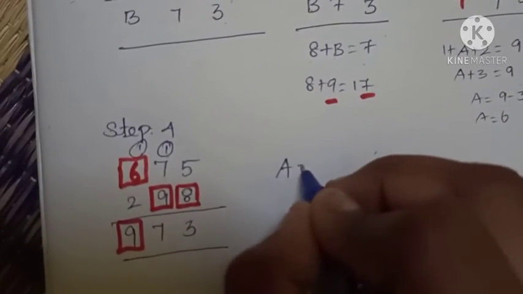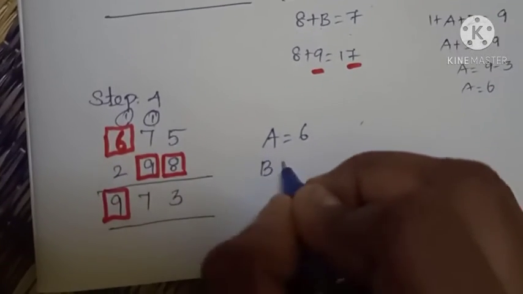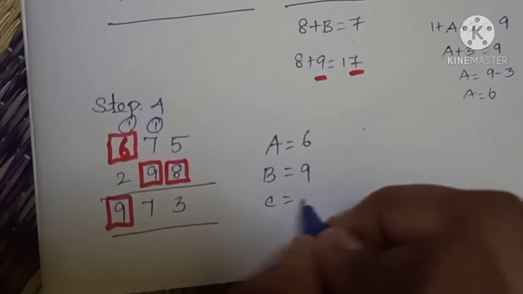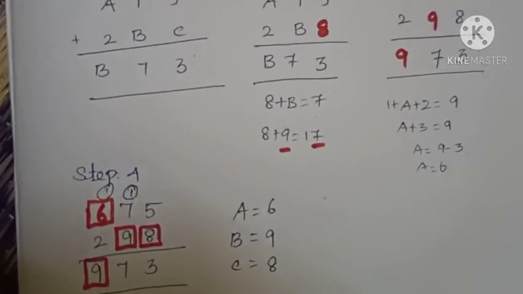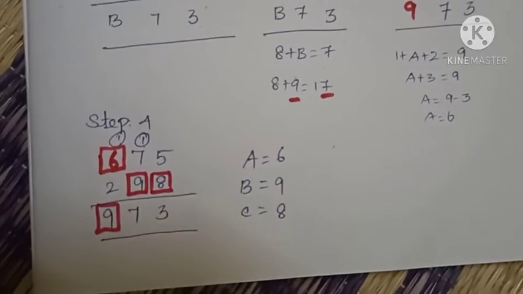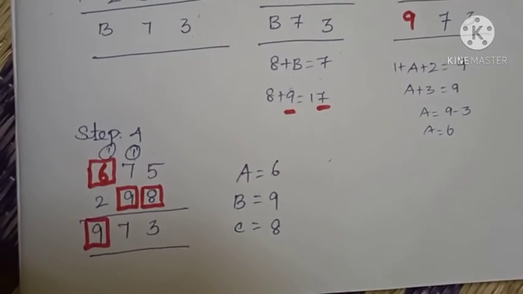A is equal to 6, B is equal to 9, and C is equal to 8. Okay, so by solving this normal addition, you got the alphanumerals A, B, C.